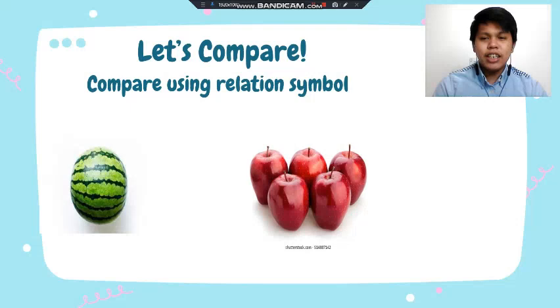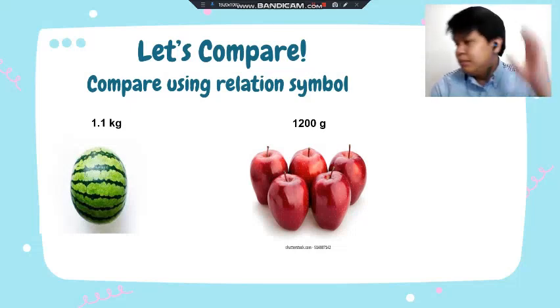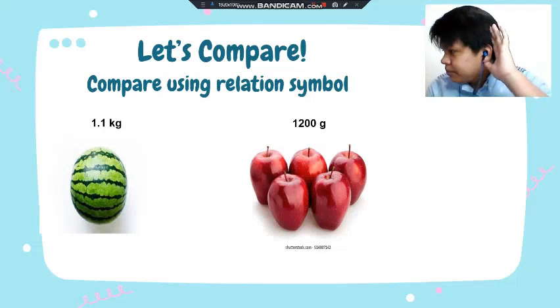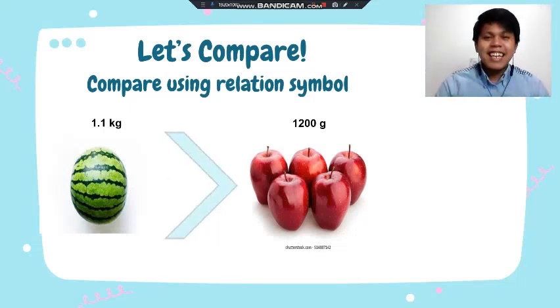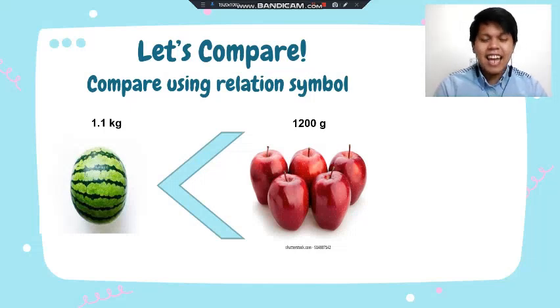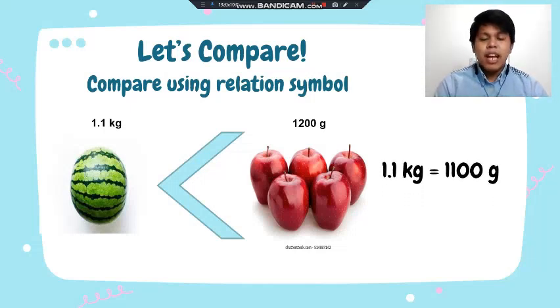I have here 2 different fruits, and they weigh 1.1 kilograms and 1,200 grams. Now, which do you think is the relation symbol? Great. It's less than. Remember, class, again, what you are going to do is to convert so that both of them will have the same unit.